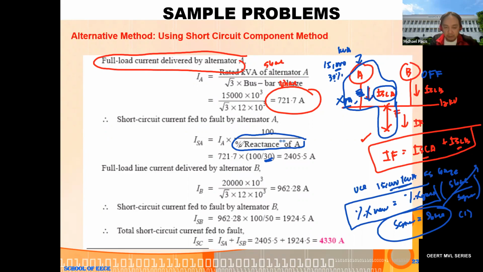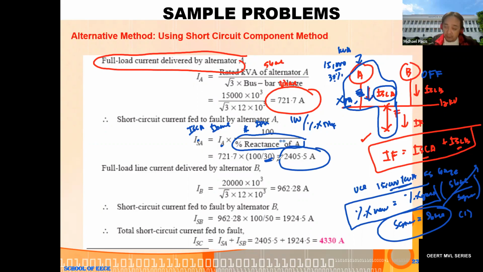And that's why, this is the formula kanina, that your short circuit is equal to the I base at A times IPU, or in other words, 100 over percentage XTH at volt point F. Okay, since isa lang ang reactance natin kinonsider, because your generator is off at B, the answer for the first contribution, ISC at A, is 2,405.5.